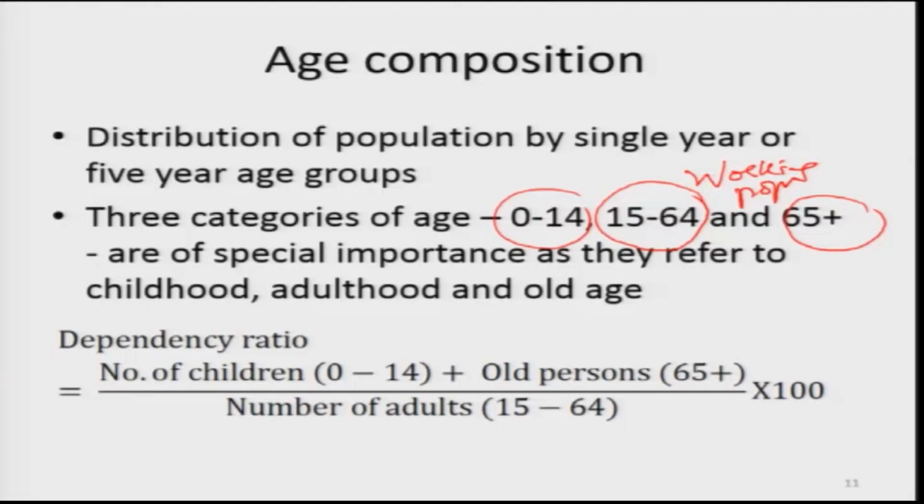Then there is dependency ratio: number of children 0 to 14 plus old persons 65 plus divided by number of adults 15 to 64. This is a very interesting ratio which tells us whether the present distribution of population in terms of age is conducive to development or not.